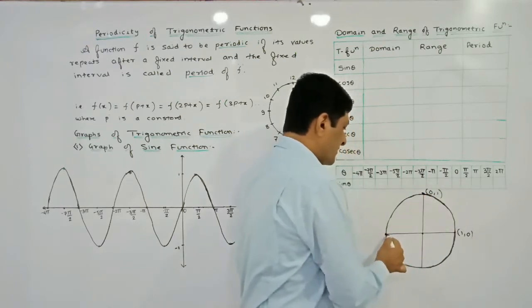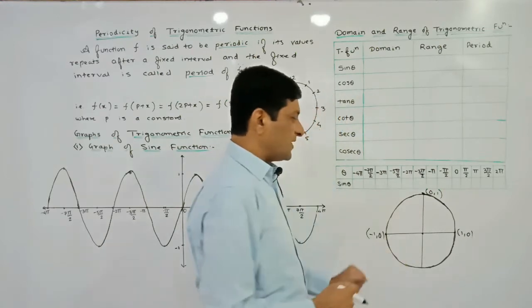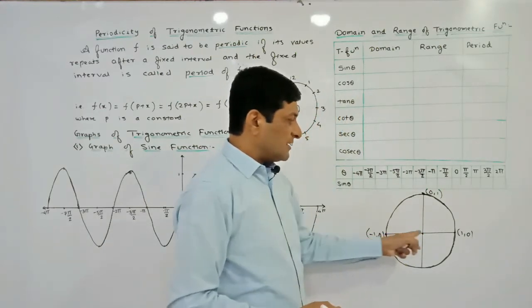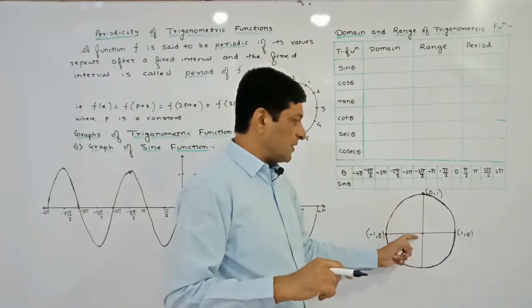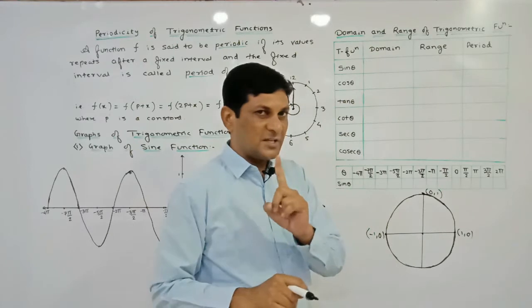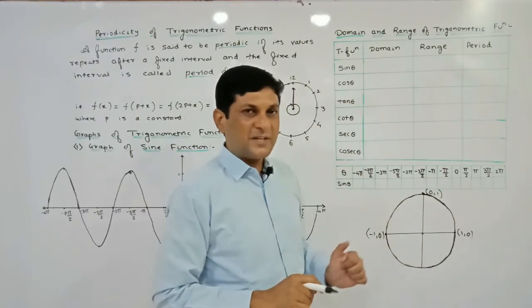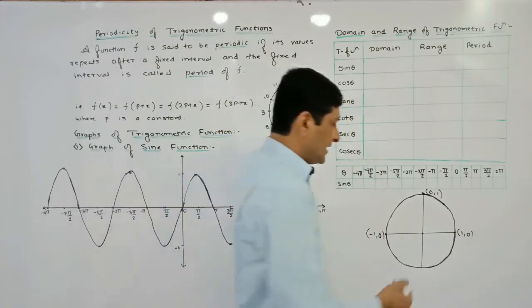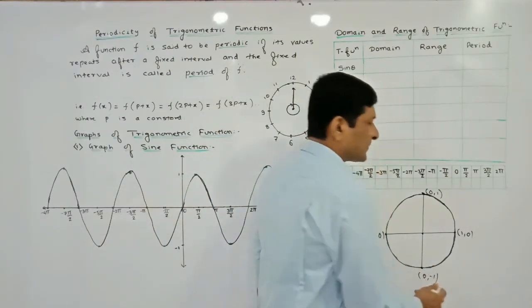Here the coordinate of the point is -1, 0. The point is on the x-axis, so the y coordinate is 0, and the distance of this point from the y-axis, means the x coordinate, is equal to the radius, and the radius of the unit circle is 1, but the point lies on the negative direction of the x-axis, that's why here the x coordinate is -1, and here the coordinate of the point is 0, -1, isn't it?